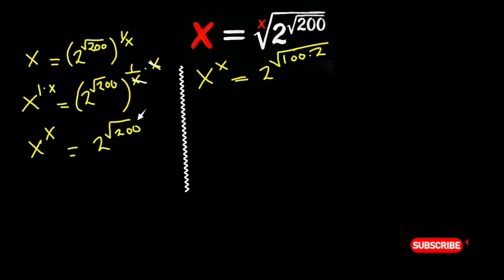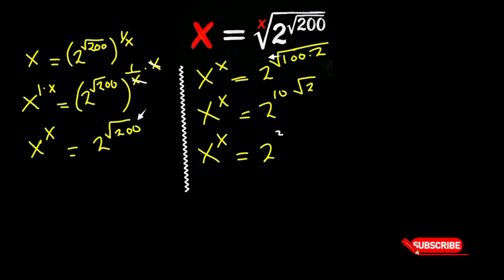So when we simplify this, don't forget that the root of 100 is 10, so we can just extract it, then have 2 to the power of 10 times root 2, right? So moving further, we can make use of a brilliant manipulation here: multiply 10 by 2 over 2, so that multiplies 10 times, we can also convert root 2 to 2 to the power of 1 over 2.